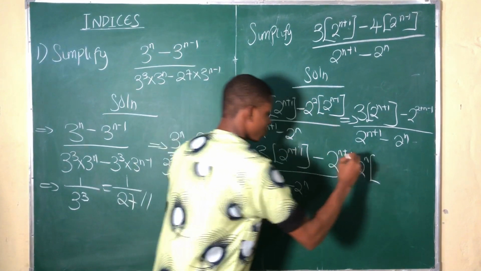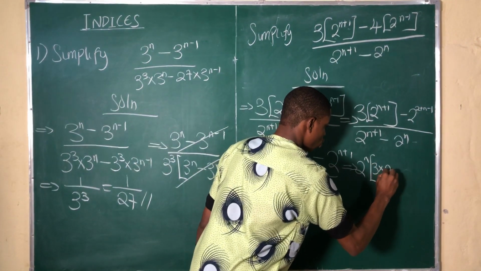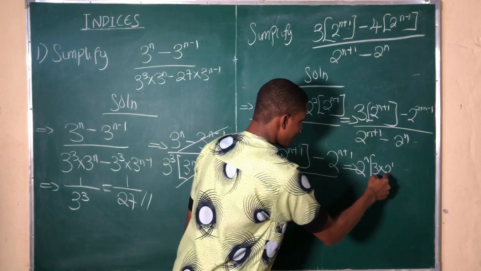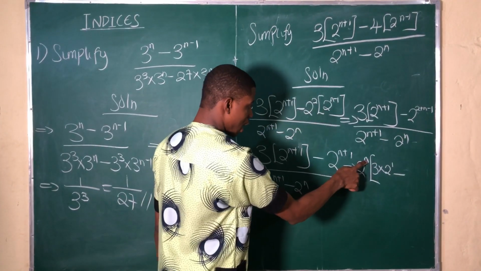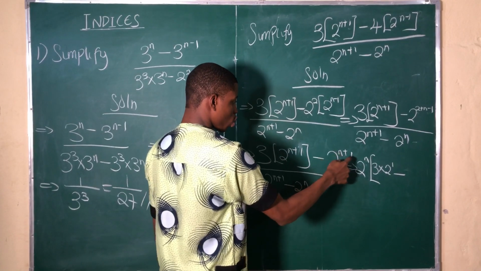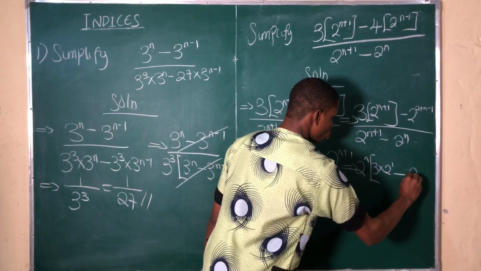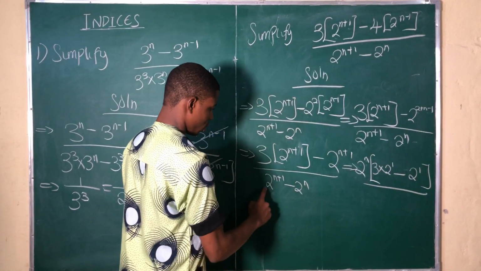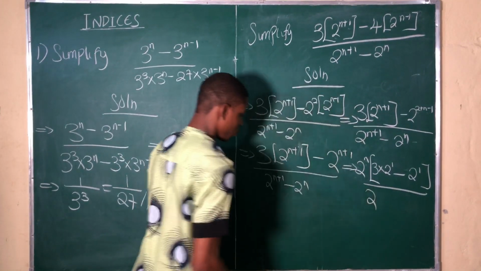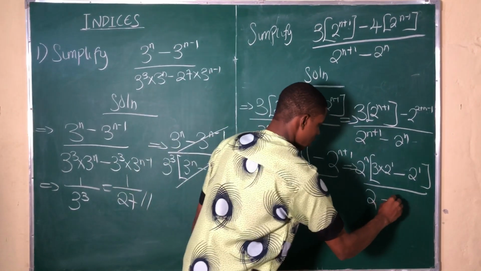So it becomes 3 multiplied by 2 raised to power 1, because if this multiplies this, it becomes 2^(n+1). Then negative 2 raised to power n, from 2^(n+1), it becomes 2 raised to power 1, all over, if you remove this, 2 raised to power 1 minus 1, you'll be left with 2 − 1.